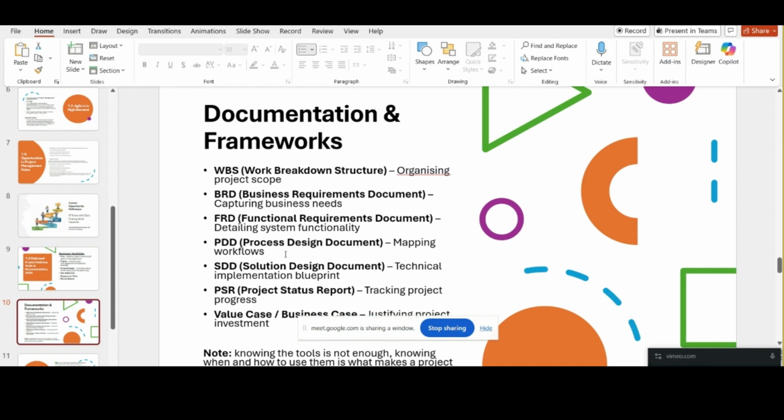PDD documents, process design documents, and solution design documents. These are documentations that are very relevant when we are talking about automation in project delivery. Automation and AI are like siblings, I would say, because AI powers automation.